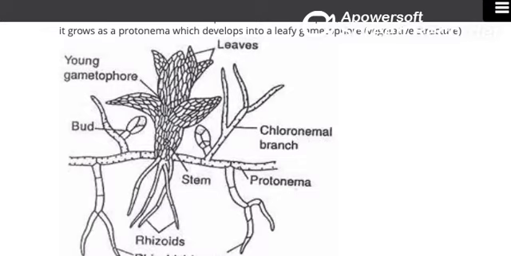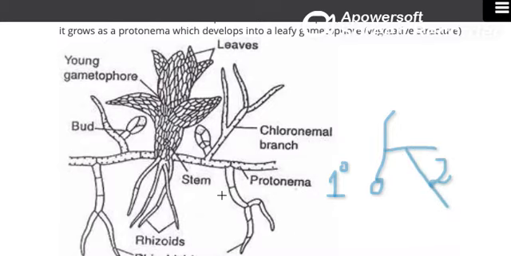When I say primary protonema, it means the filaments which arise directly from the germination of the spore form the primary protonema. Okay, the primary protonema is a product of the germination of the spore to form the filamentous protonema. And whatever filaments or branches which emerge from the primary protonema will form the secondary protonema.